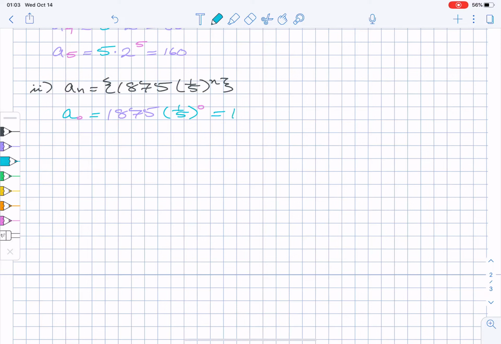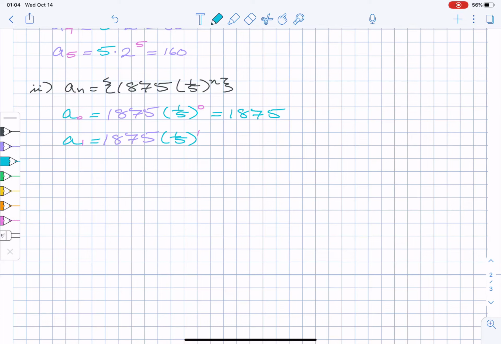So it's just 1875. Notice I'm using equal signs between each term. A sub 1 is going to be 1875 times 1/5 to the 1st.